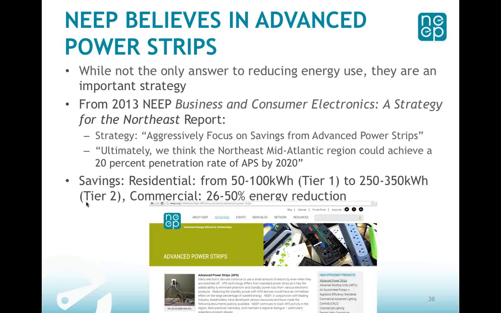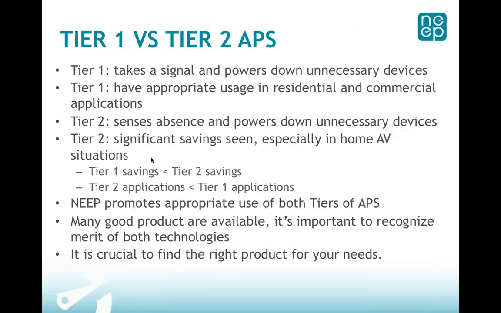In a commercial setting, you might be looking at something like 26 to 50% energy reduction. So for either technology, we're talking about some real savings. Again, this is not the end-all, be-all. We don't need to all quit our jobs because all that energy is being saved. There are still several other pieces to work with, but APS are here and now. They're ready for increased application.